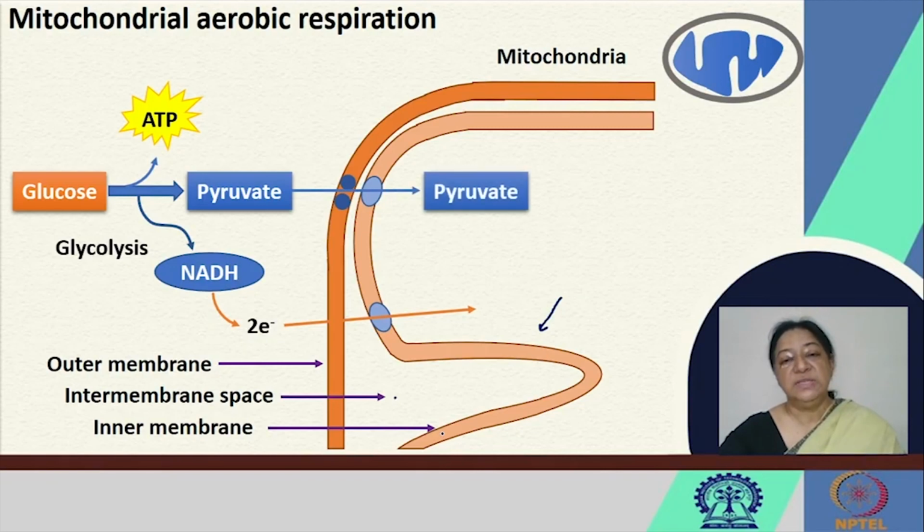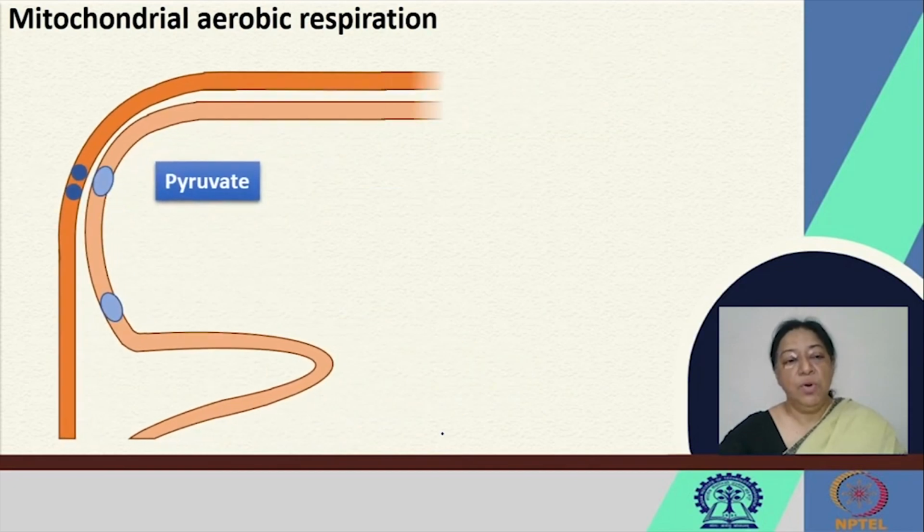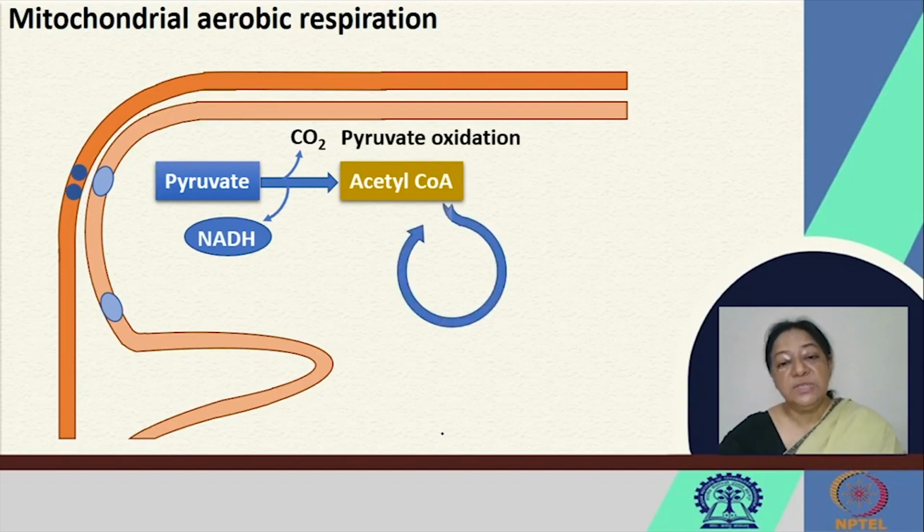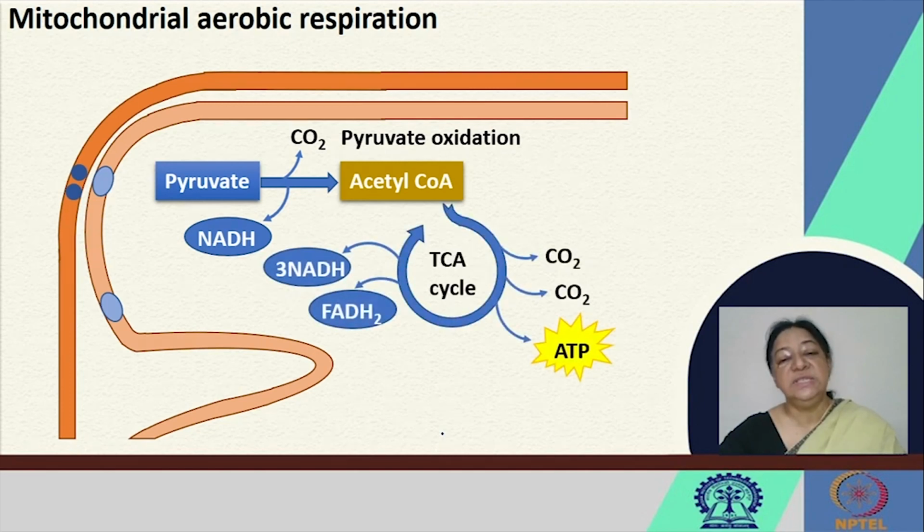The pyruvate enters the mitochondria and releases carbon dioxide, with the NADH and NAD activities we will see in a moment, and acetyl coenzyme A, resulting in pyruvate oxidation that leads to the TCA cycle and the production of carbon dioxide, ATP, FADH2, and 3 NADH.